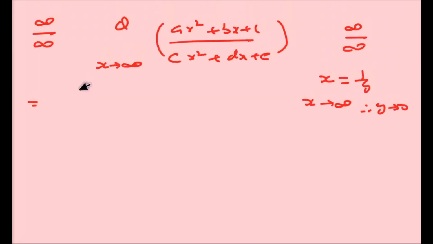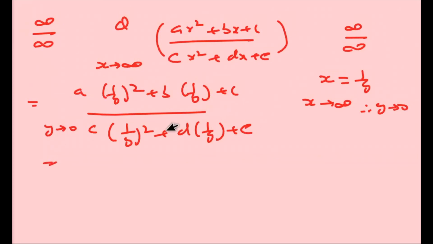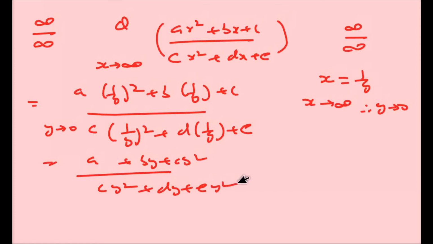So we can put here a 1 upon y square plus b 1 upon y plus c upon c 1 upon y square plus d 1 upon y plus e. Okay, then we can write y tends towards 0. Multiplying by y square, we can get a plus by plus cy square upon cy square plus dy plus ey square, and y tends towards 0.